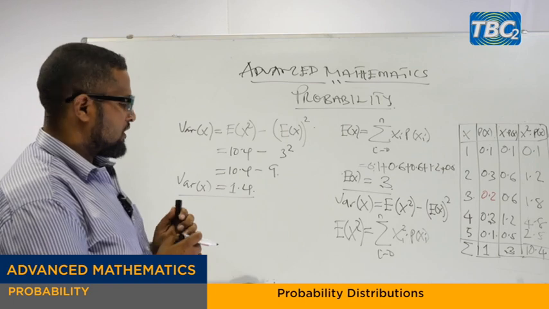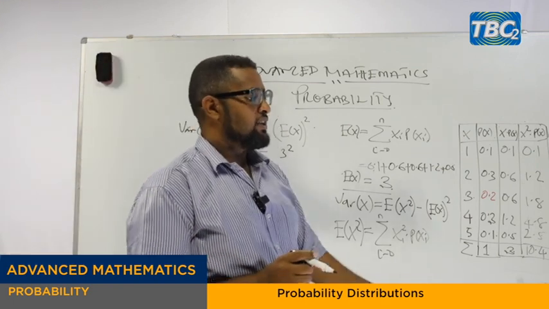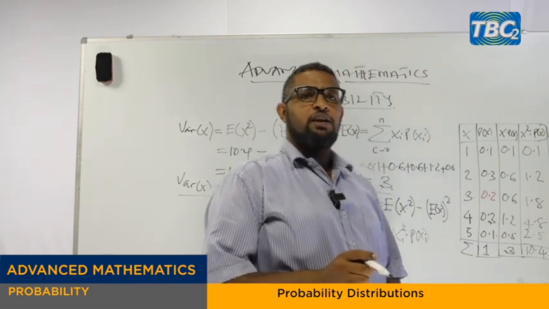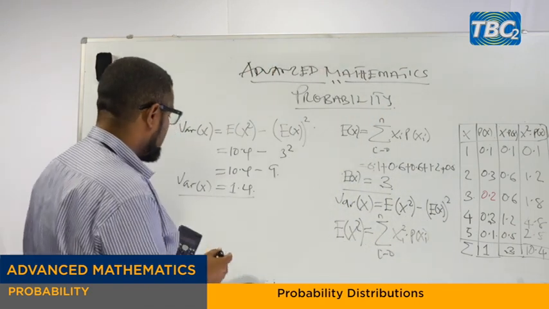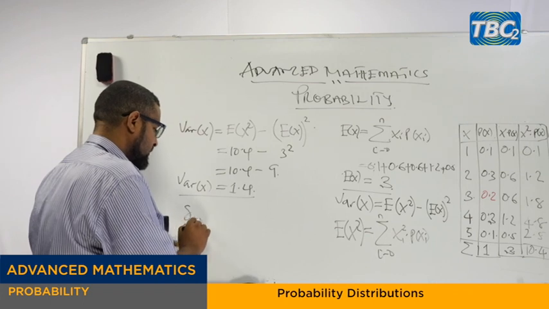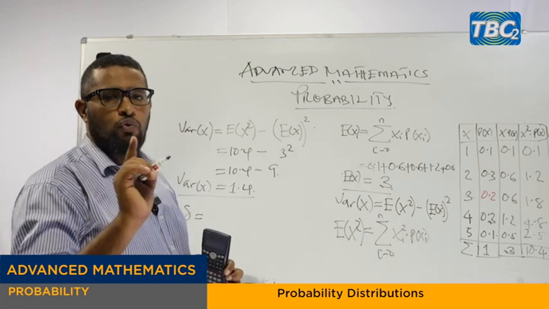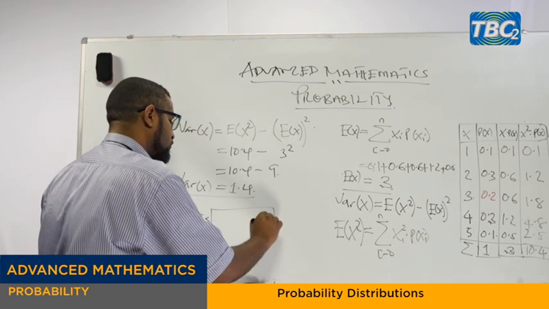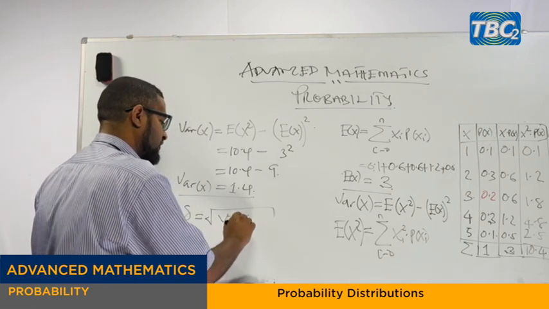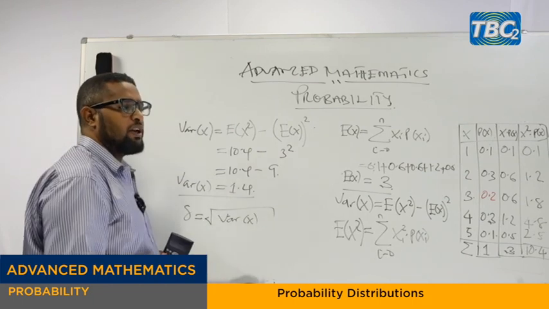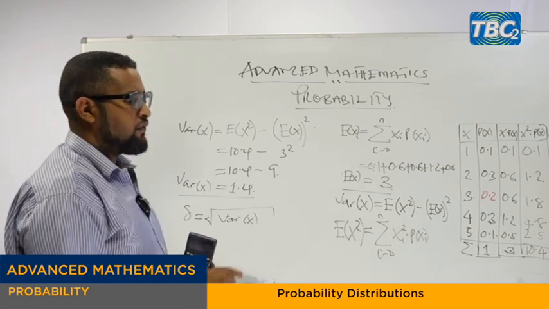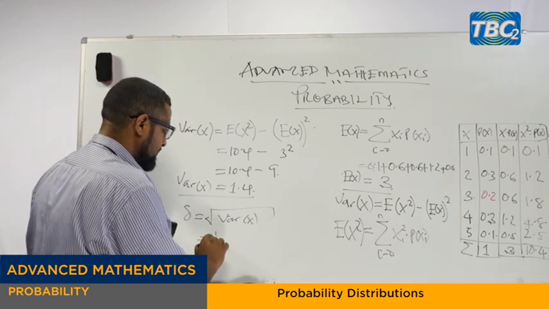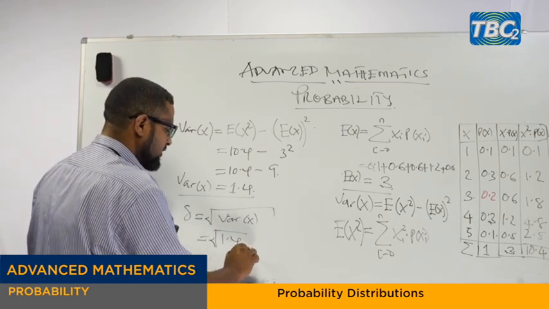But lastly, we ask the question to find the standard deviation. How do we find the standard deviation? Standard deviation is given by the square root of the variance. So finding square root of variance of the variable x will give you the standard deviation of the variable x. But we have it over here, which is 1.4.